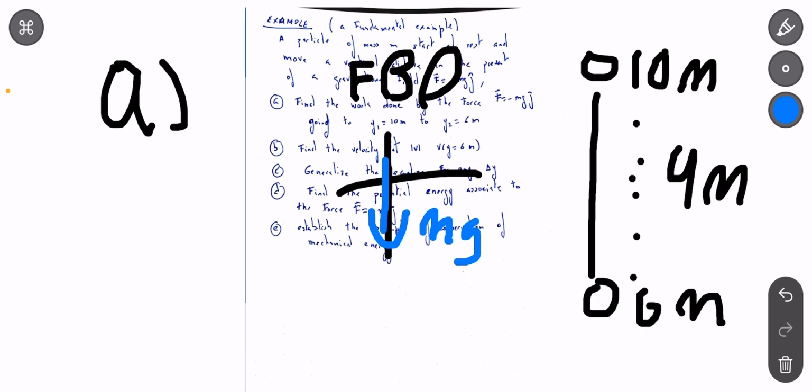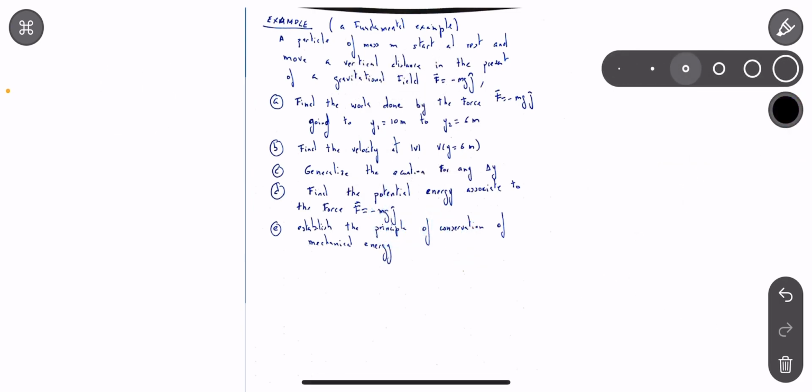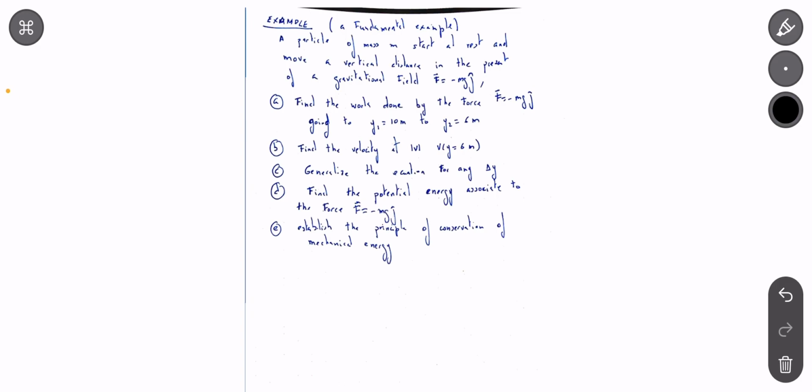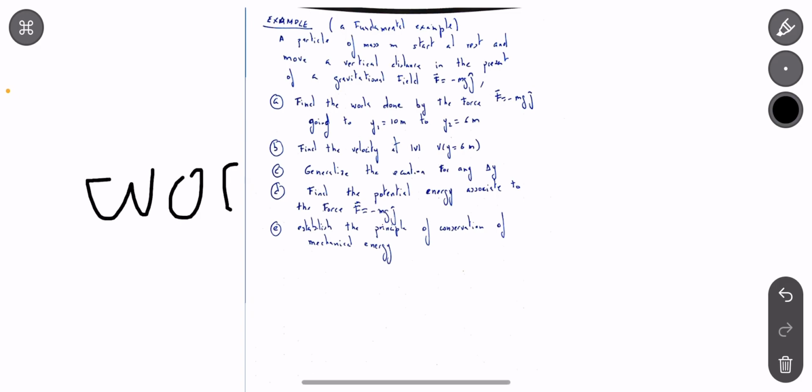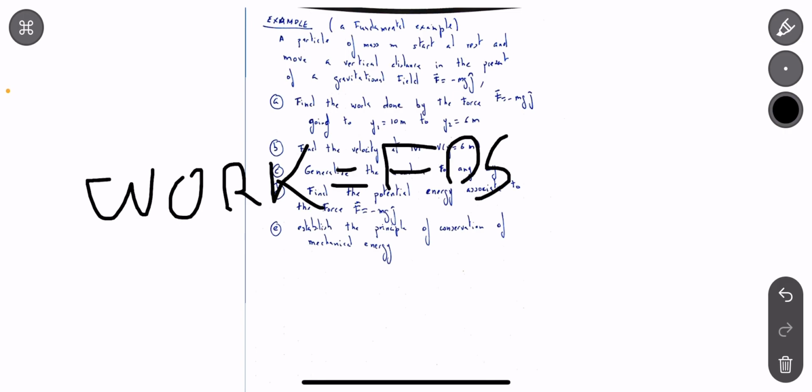So the work is going to be, let me write this out again. We're going to start with work, which is just equal to F ds, and ds is equal to 4.